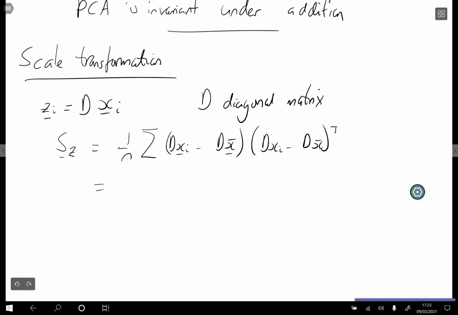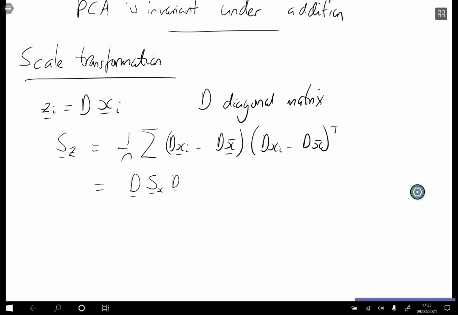So you're going to see that this is d S of x, the sample covariance matrix for x, d transposed. D transposed is d.